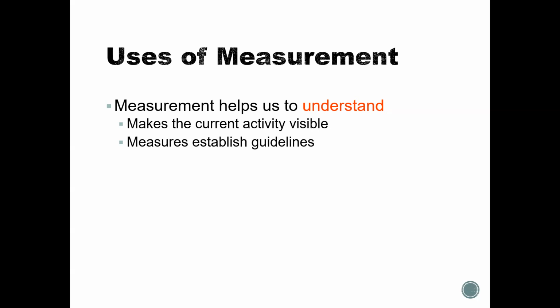So with the help of measurement, you can understand what is going on in the software, like in our example, what is going on in this testing, and then you can assign certain guidelines with which you can improve the whole process.